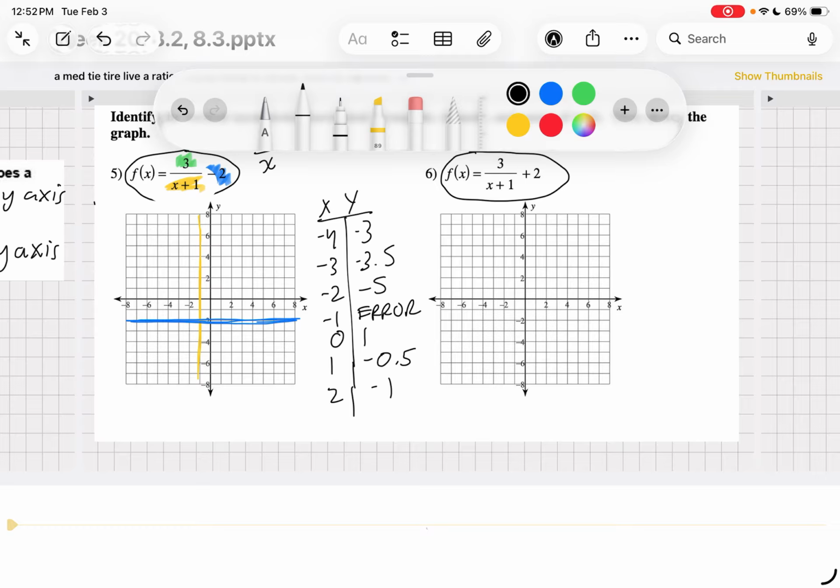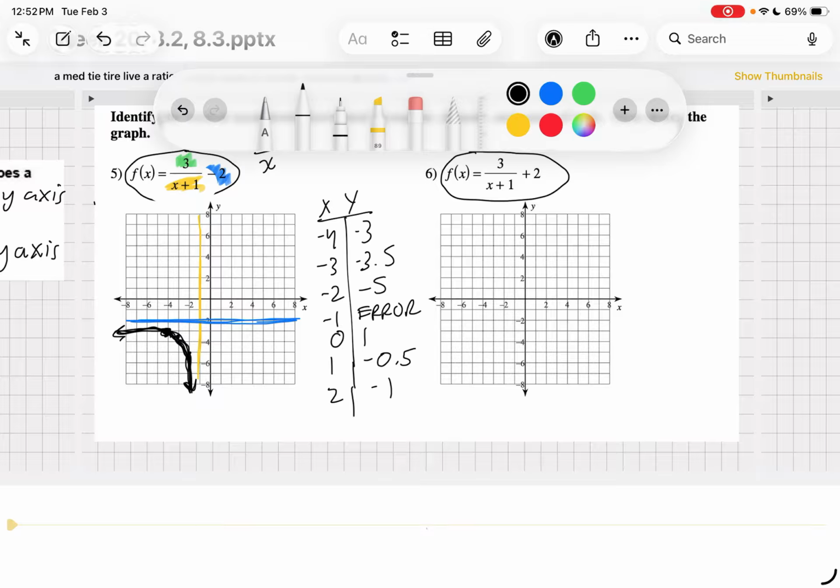So at -4, it is going to be down here at -3. And then at -3, it's at -3.5, so I can see it bending. -2 is down here at -5. Okay, so I can see that asymptote happening. I'm sorry, my graph is so bad. My pencil's not working super well.